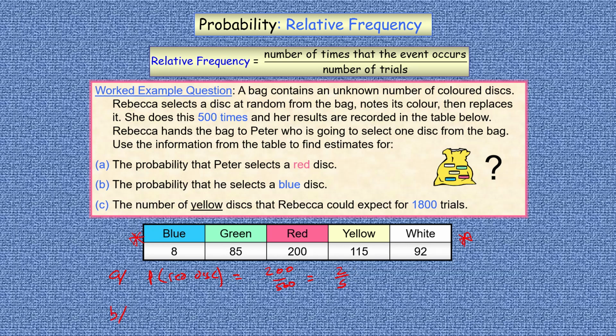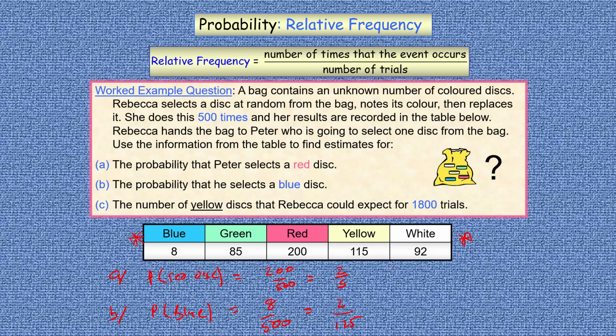B, the probability of a blue disc is given by blue, which is 8 times out of 500. You can simplify that. 4 goes into 8 2 times, and 4 goes into 500 125 times. You can leave them as fractions, or you can simplify them into decimals, either.